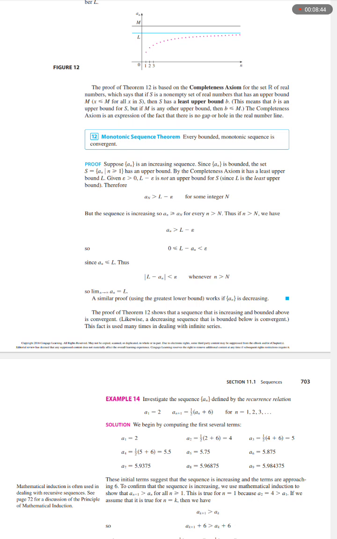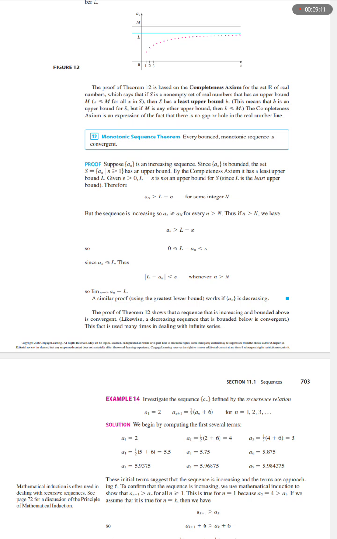Therefore, a_N is greater than L − epsilon for some integer N. But the sequence is increasing, so a_n is greater than or equal to a_N for every n greater than N. Thus, if n is greater than N, we have a_n greater than L − epsilon.